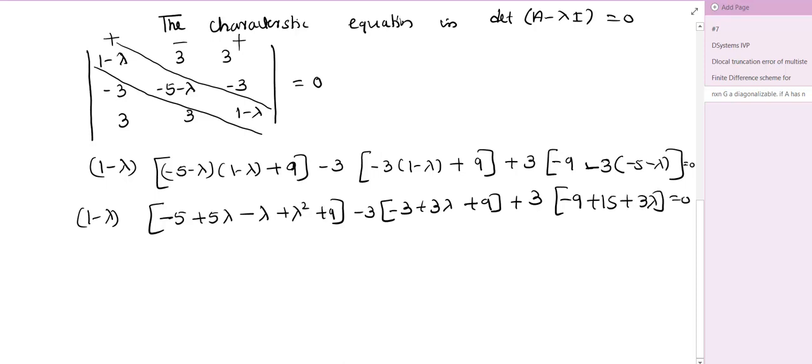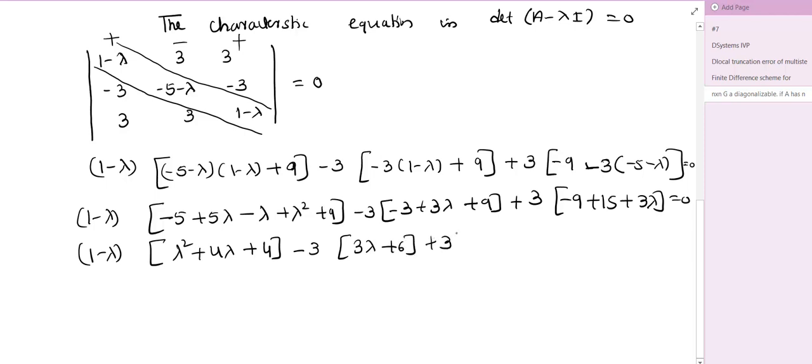We have to further simplify this. Here I take 1 minus lambda. You can simplify lambda square plus 4 lambda, minus 5 plus 9 is plus 4. Then here you can see minus 3 into 3 lambda plus 6, so plus 3 into 3 lambda plus 6, which is equal to 0.